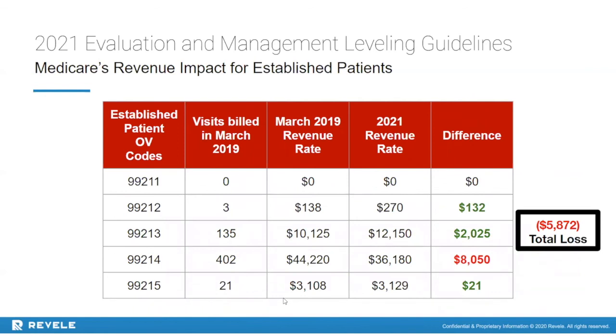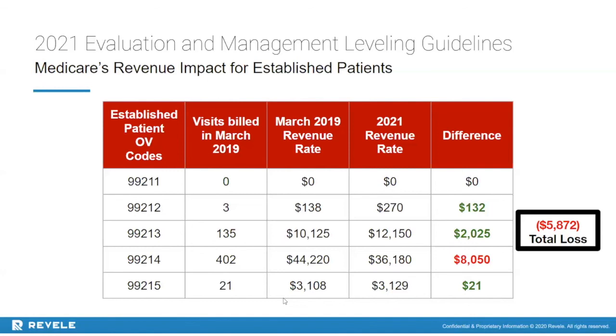So let's look at some examples of a typical revenue chart of a given month. Here you can see for 99211, we have 0 claims. For 99212, we have 3 claims averaging $138. For 2021, that would equal $270, therefore being an increase of $132.